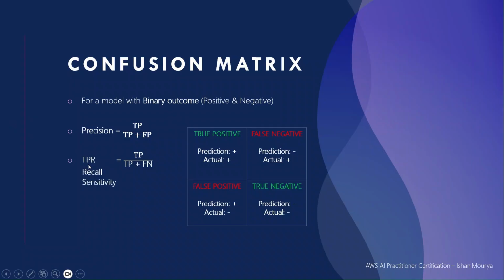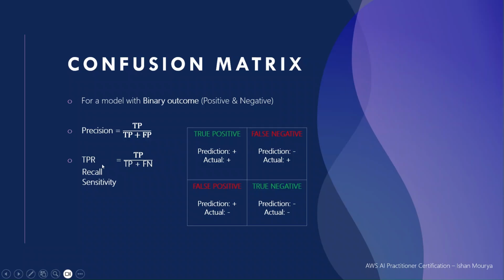Next is the true positive rate, also known as recall or sensitivity. It is true positive divided by true positive plus false negative. The common thing here is that the actual is positive. In one case the model predicts correctly, and in the other it does not.